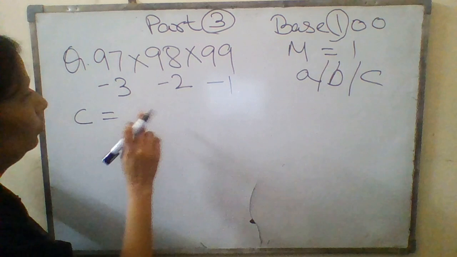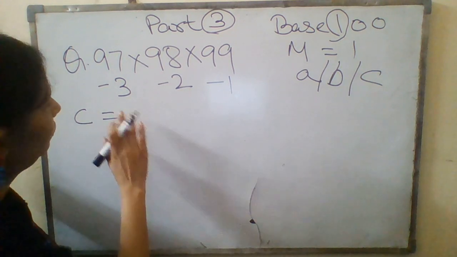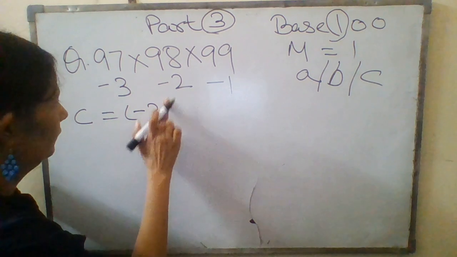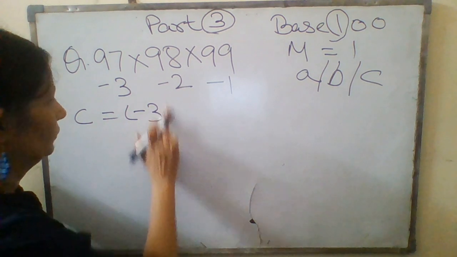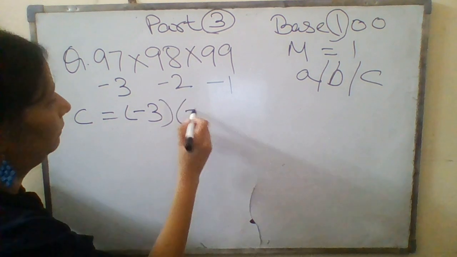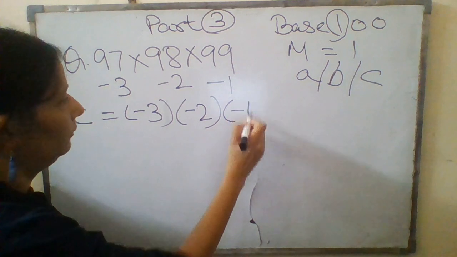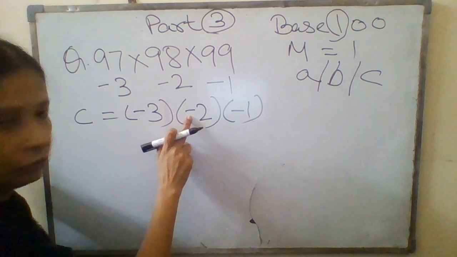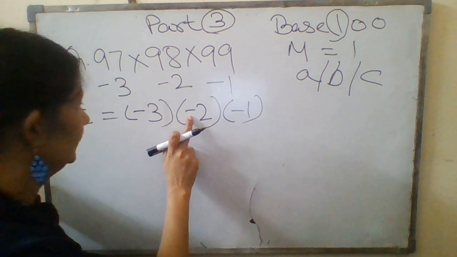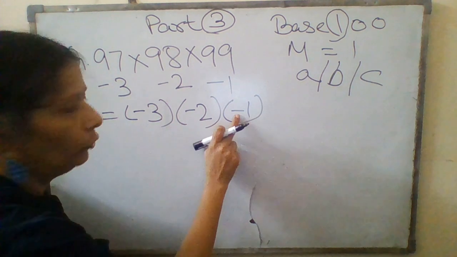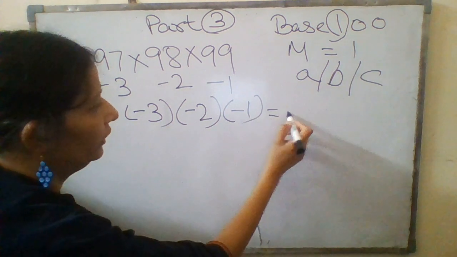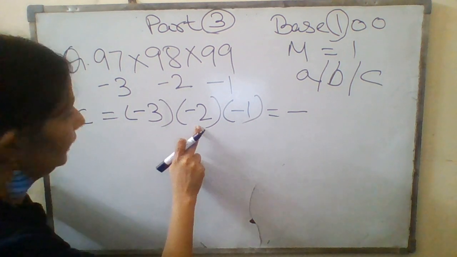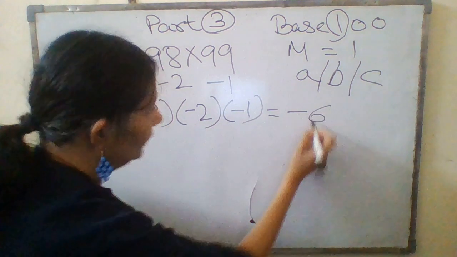To get the value of C, you multiply all these numbers: minus 3 multiplied by minus 2 multiplied by minus 1. When you multiply, minus into minus will be plus, then plus into minus will be minus, so here you put the minus sign. Then 3 twos are 6, so this is minus 6.